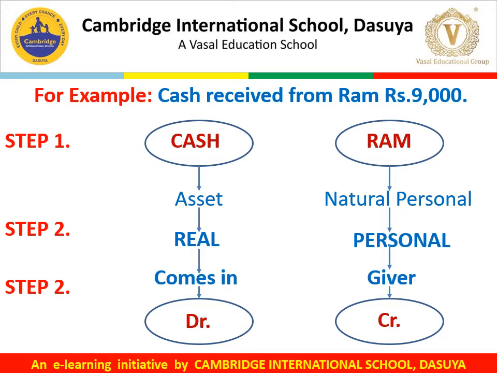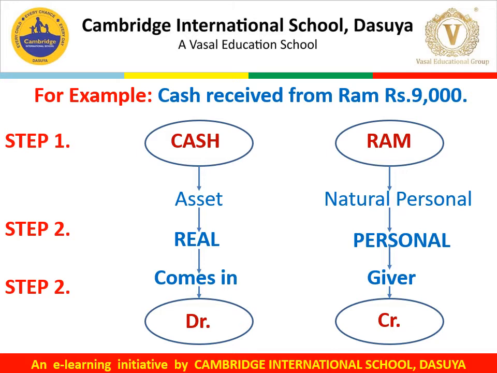Now, in the first step, we have identified the accounts involved, that is, cash and Ram are the two accounts involved in the transaction. After that, in the second step, we judge the nature of these accounts. Cash is an asset, so it comes under the category of real account, whereas Ram is a natural person, so it comes under the category of personal account.